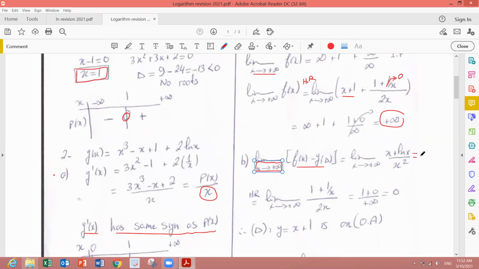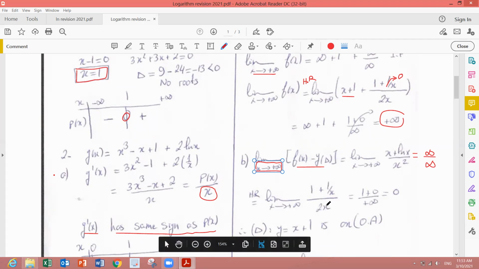It will be infinity over infinity. Using L'Hospital's rule, equals limit as x tends to plus infinity of: derivative of x is 1, derivative of ln x is 1 over x, over 2x, the derivative of x squared.